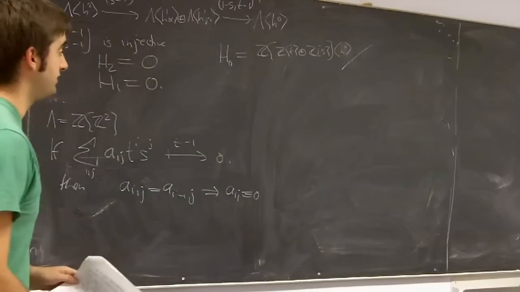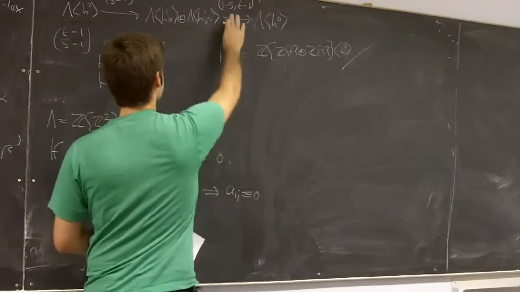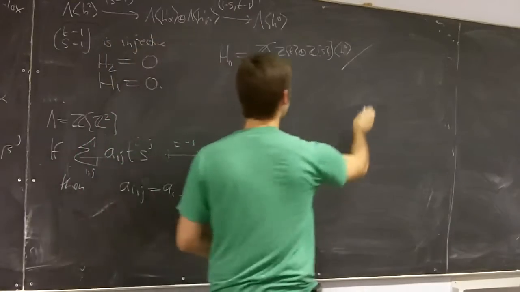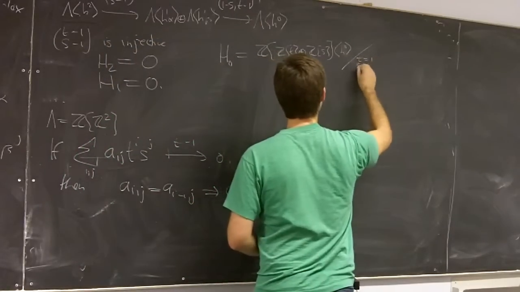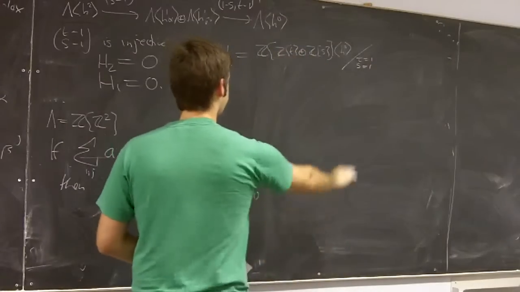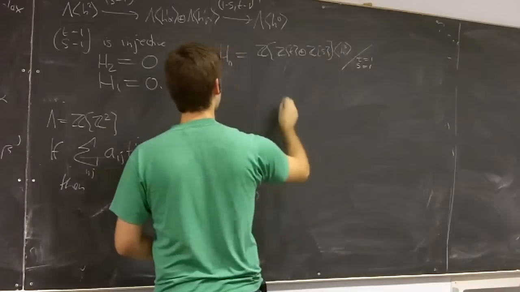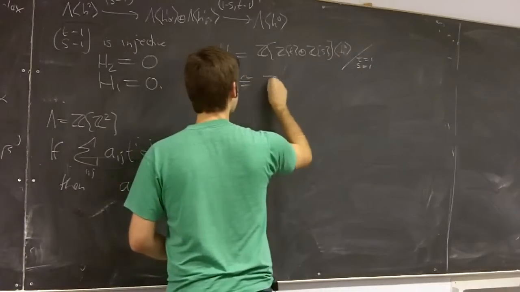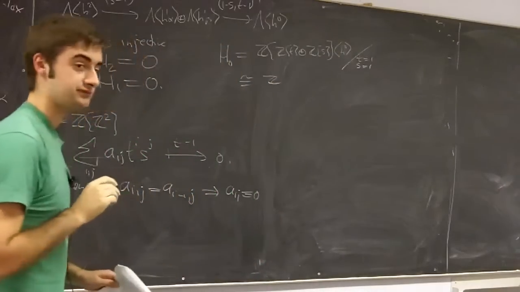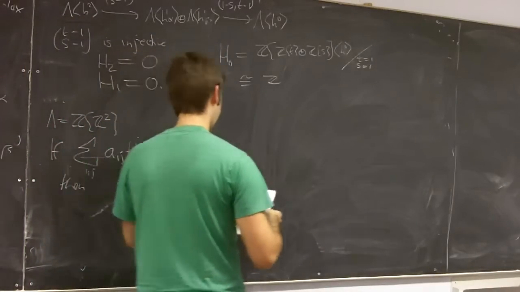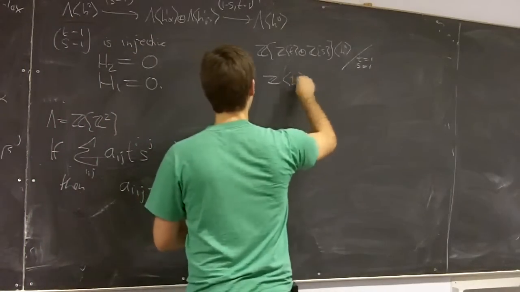This is saying, roughly speaking, that s equals 1 and t equals 1 in the image. So if s and t both equal 1, we lose these generators and we're just left with the integers, which is the z part from the z pi 1, and they're generated by h0.